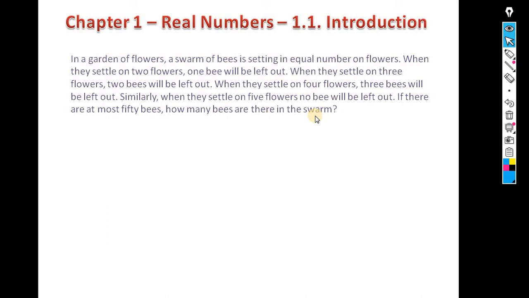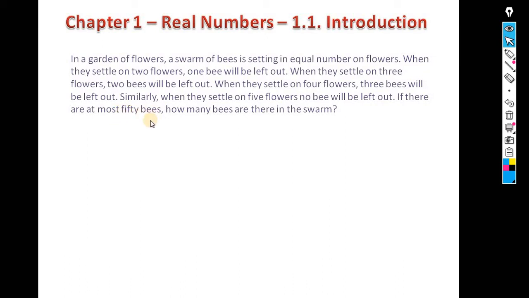So, if you look at this puzzle, there are certain bees flying in the garden and they are settling on different flowers. They have given the combination also, and they have provided the maximum count, at most 50 bees.